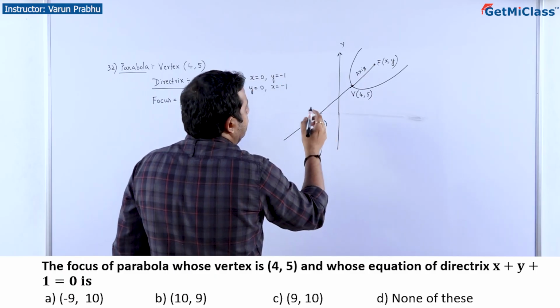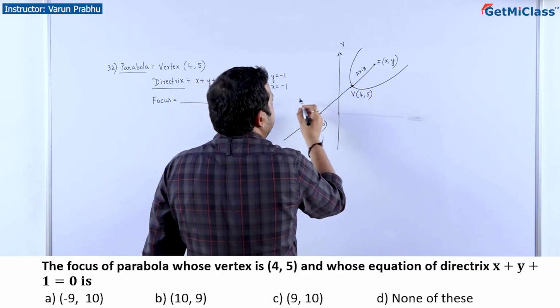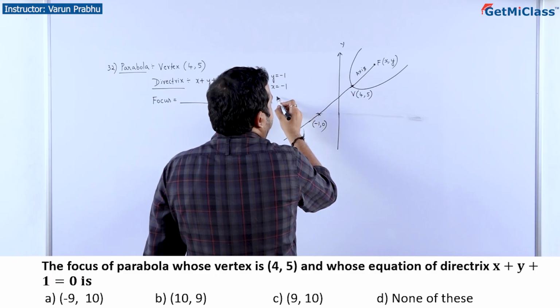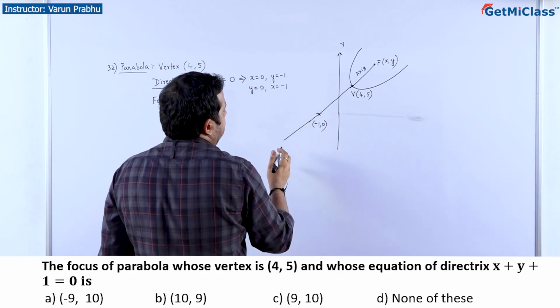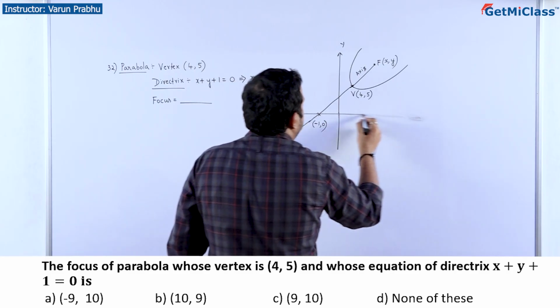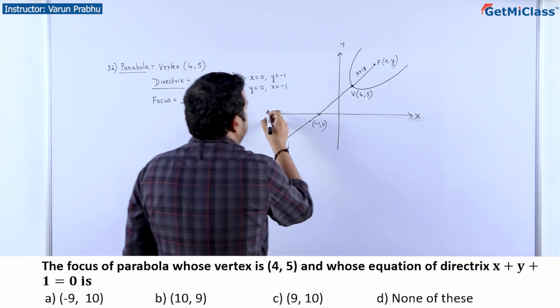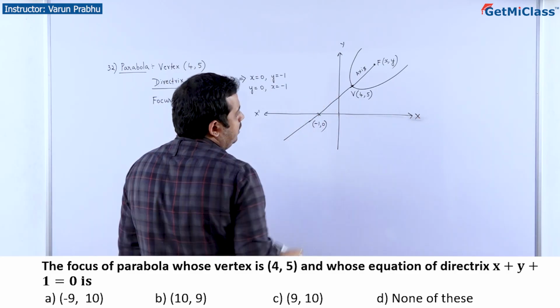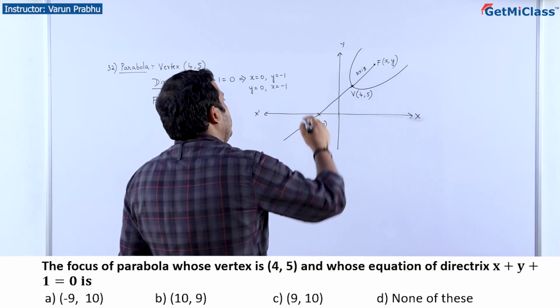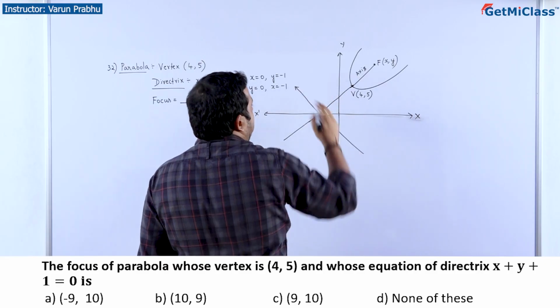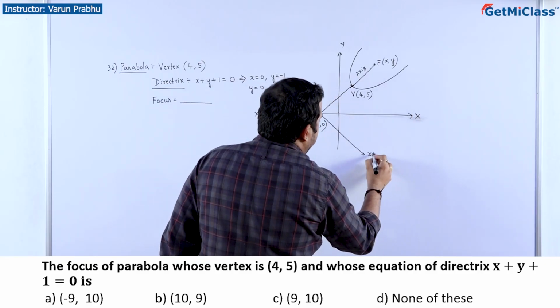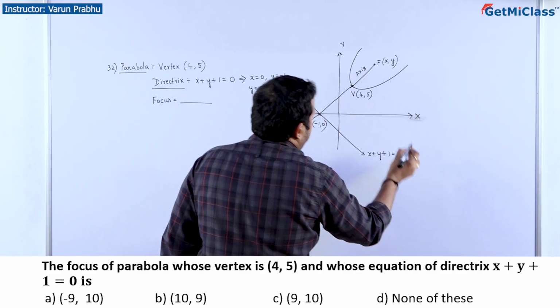We can try to visualize this problem. This line is the x axis, passing through (minus 1, 0), and I'll draw the directrix like this. This is the line x plus y plus 1 equals 0.